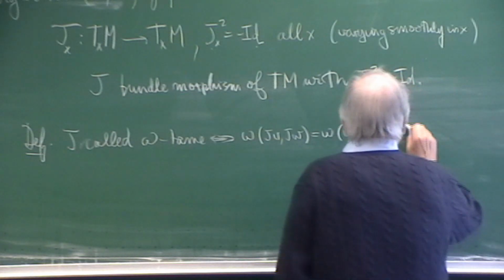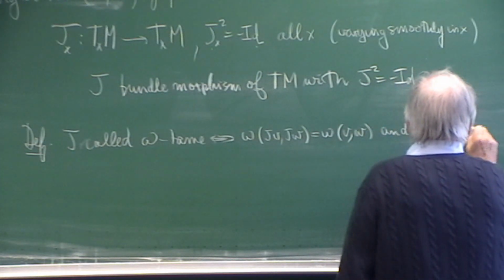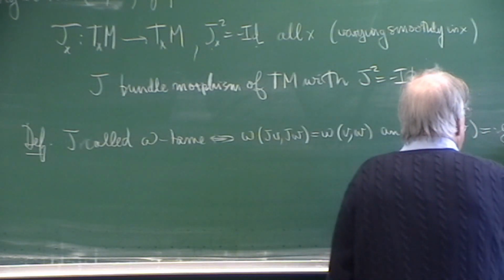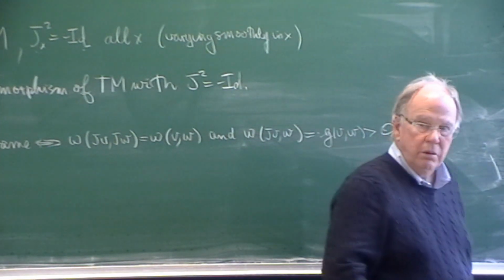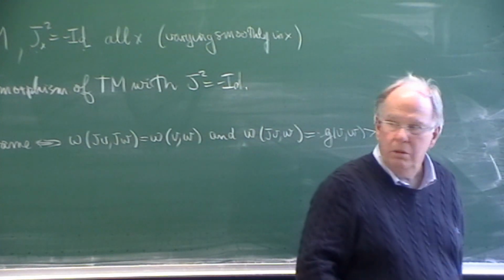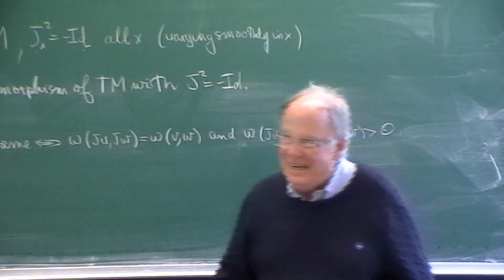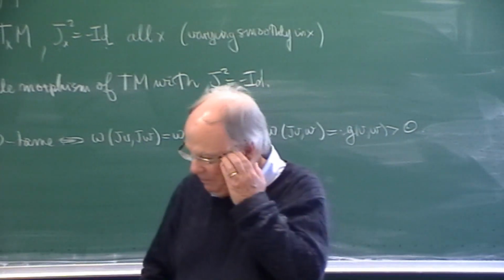And if you hit the first entry with it, this is bilinear now, I can define that to be g, a bilinear form, and this thing should be positive definite, so it should be a Riemannian metric. Isn't that a reasonable thing?